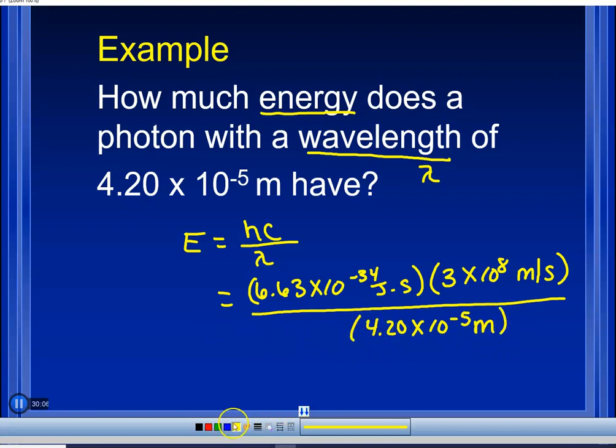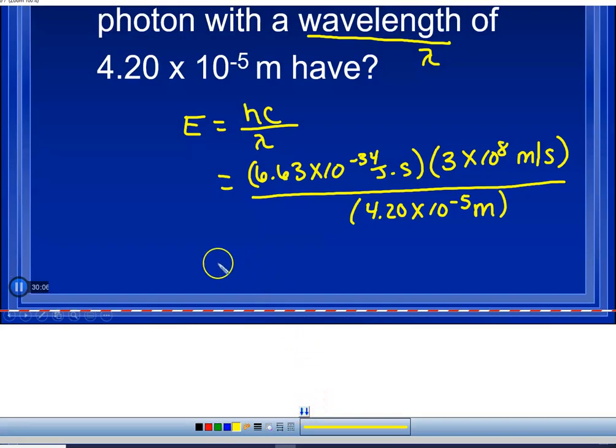You don't need parentheses around that. Well, technically, I would tell you to always put parentheses on scientific notation in your calculator. Those of you who want me to teach you how to use the E key in your calculator, I would love to do that for you. All right, if you'll look, we can crunch those numbers. You should be getting 4.74 times 10 to the negative 21.